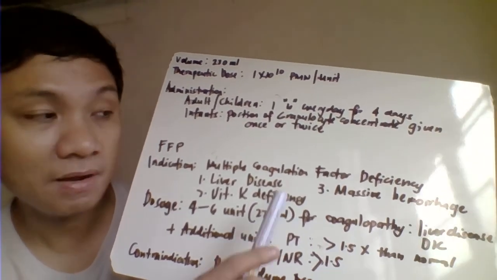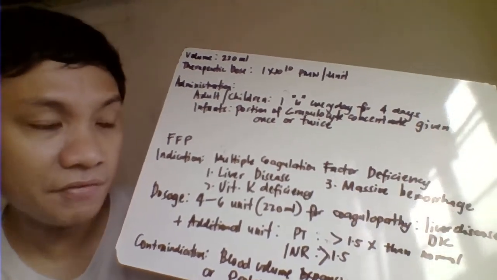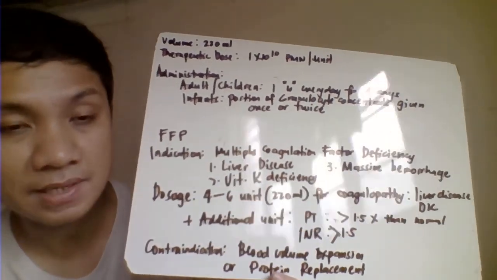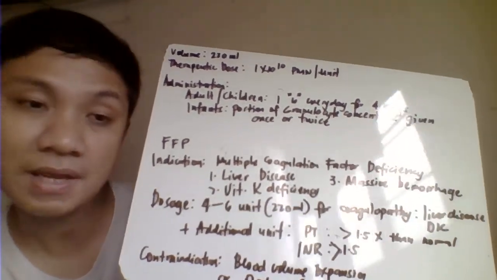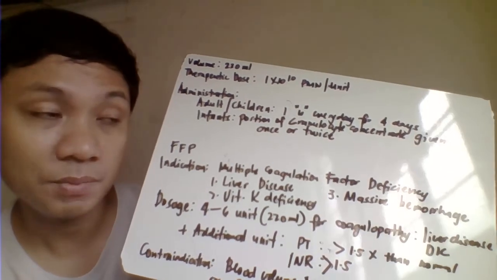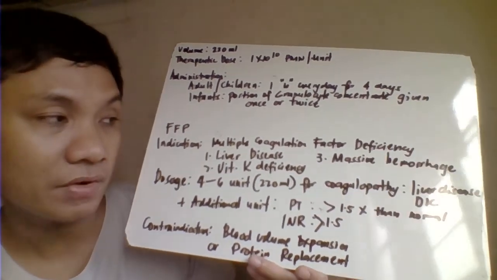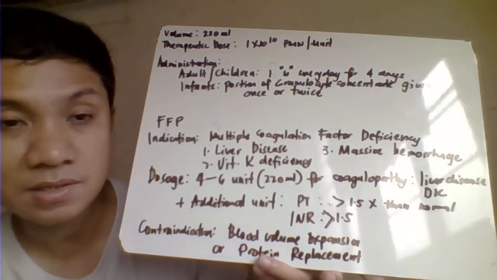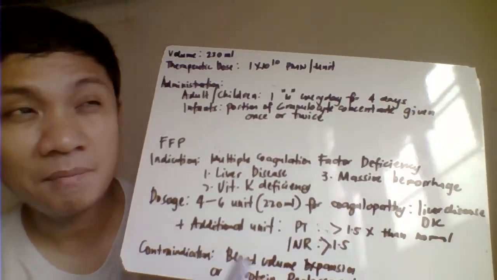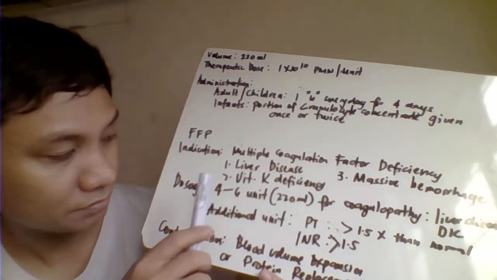And therefore, it can correct multiple coagulation factor deficiency like in liver disease. In your vitamin K dependent coagulation factor deficiency, your factor 2, 7, 9, 10, protein S, protein C, protein Z deficiency can also be corrected by administration of fresh frozen plasma, or even for someone having massive hemorrhage that may make the patient prone to bleeding manifestation.